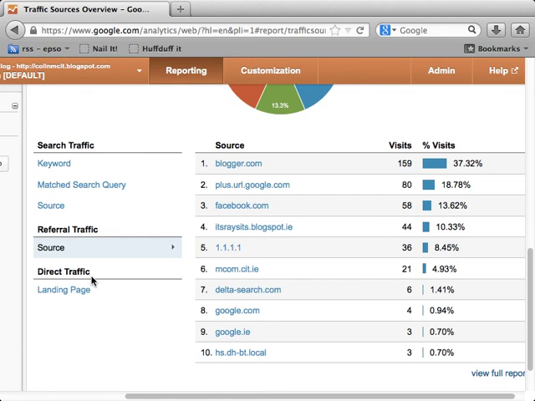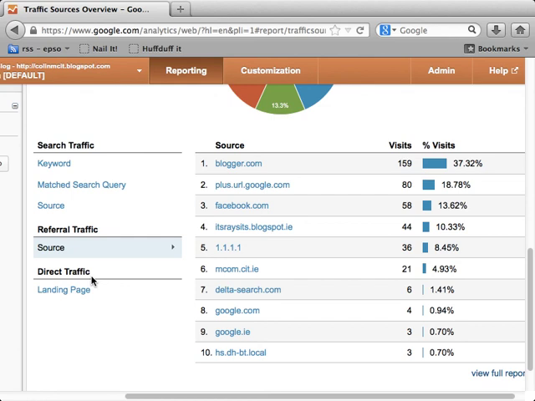That surprises me, that such a high percentage came from Google+. I thought I was the only person using Google+. I didn't think anybody bothered with it. But if that percentage of my traffic is coming from Google+, then clearly Google+ is a way for me to drum up business if I wanted more people to my blog.